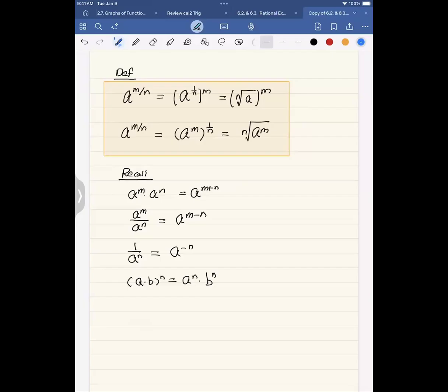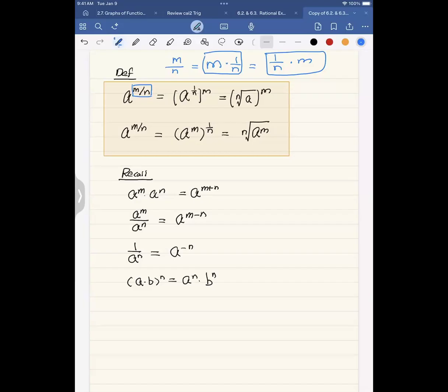As I mentioned, m over n can be rewritten as m times 1 over n, or we can rewrite that as 1 over n times m. So when we have a to the m over n power, we can rewrite it as a to the 1 over n, to the m power.